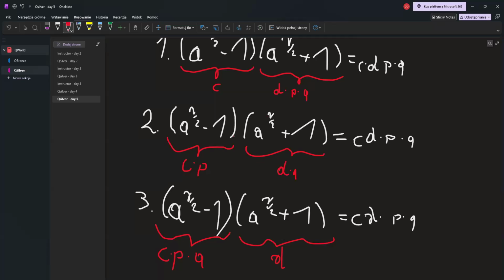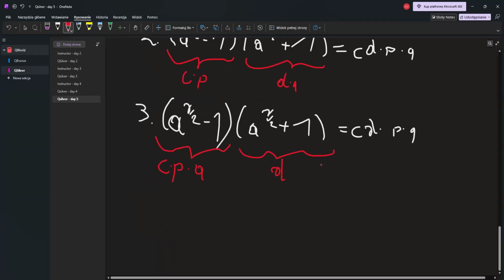Here, both factors have one of those prime factors, which will be important for us. And in the third version, we have a situation which is inverse to the first one, where only the first factor contains information about p and q.